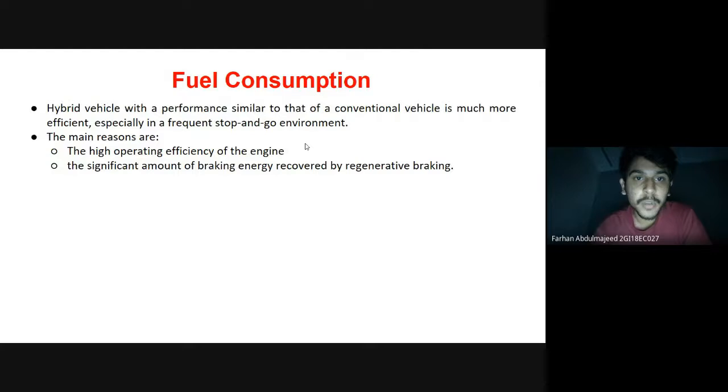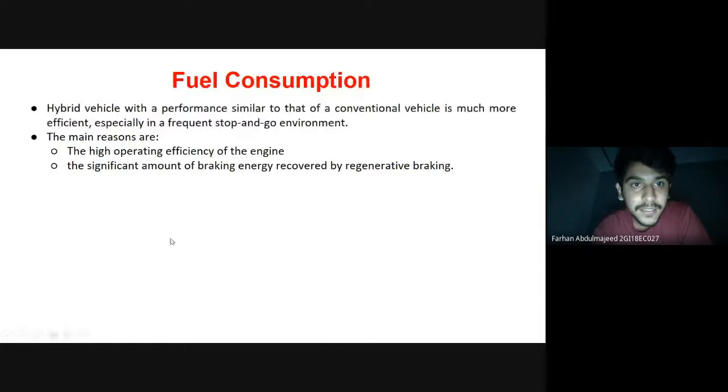So in stop and go, which means in the cities where we drive these vehicles, it will have less fuel consumption than the conventional vehicles which we use. Conventional vehicles have rather greater losses at acceleration points compared to EVs, because we use an electric motor in these cases.